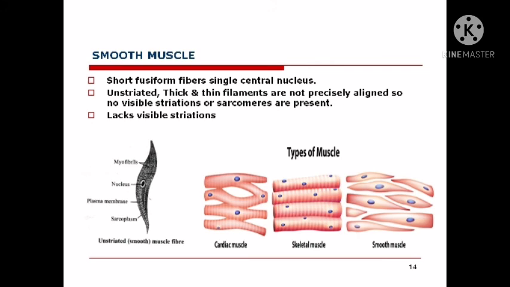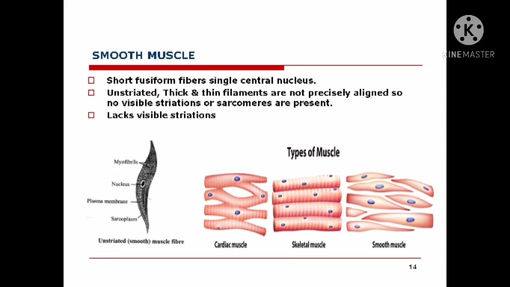shaped. Both the ends are tipped and they are unstriated muscles with only a single nucleus. As we go away from the skeletal muscle, the nuclei in the cells decrease in number. So in the smooth muscles there is a single nucleus in the fiber, and they are unstriated, short, fusiform.